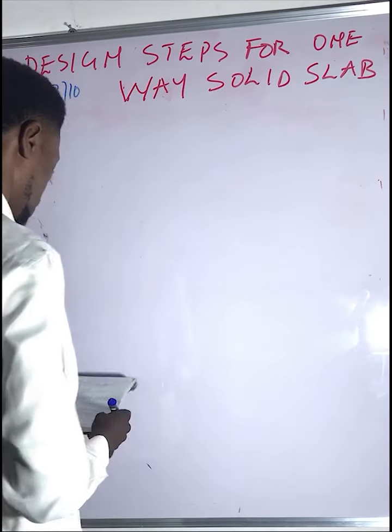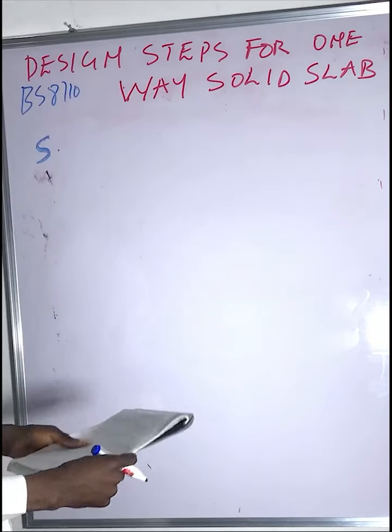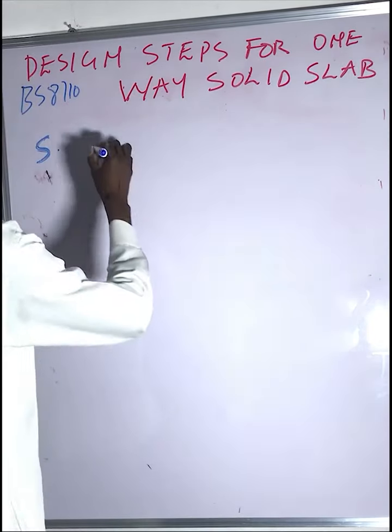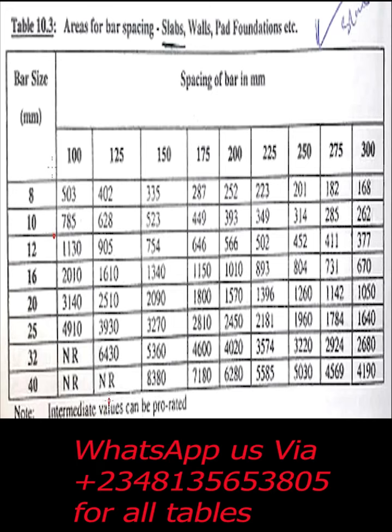Step 5. Then you can check your reinforcement table to get your area of bar spacing. To get reinforcement spacing from the areas of bar spacing table, be it main reinforcement for the shorter span or distribution bars for the longer span, there are two things you consider: the bar size which you are using and the area we got from our design.